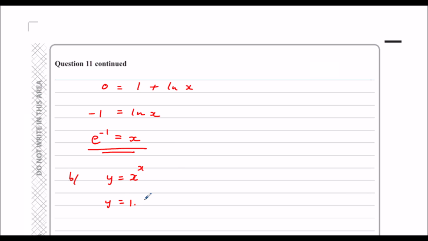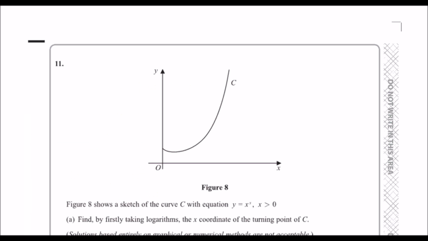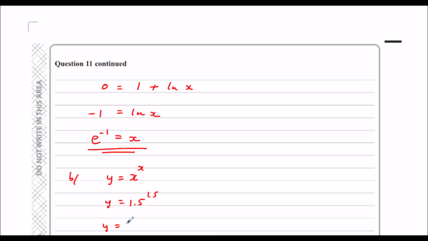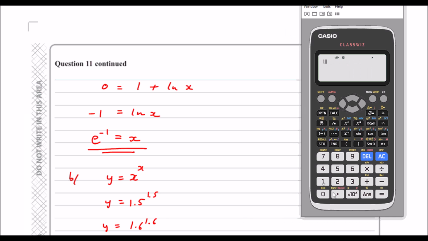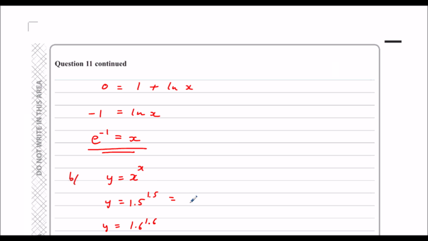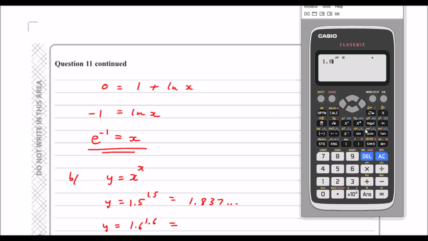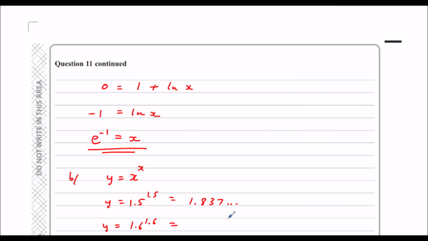Let's substitute in 1.5, and let's substitute in 1.6. So 1.5 to the power of 1.5 is 1.837 and so on. 1.6 to the power of 1.6 is 2.121 and so on.